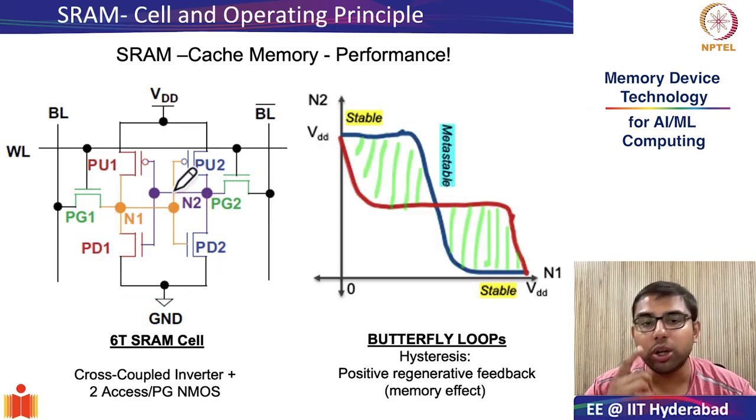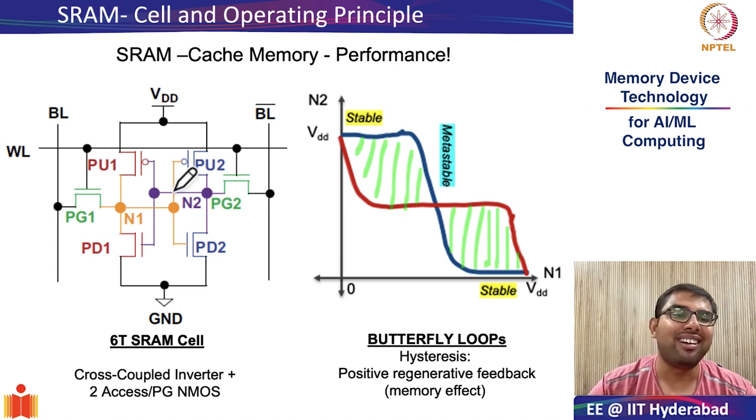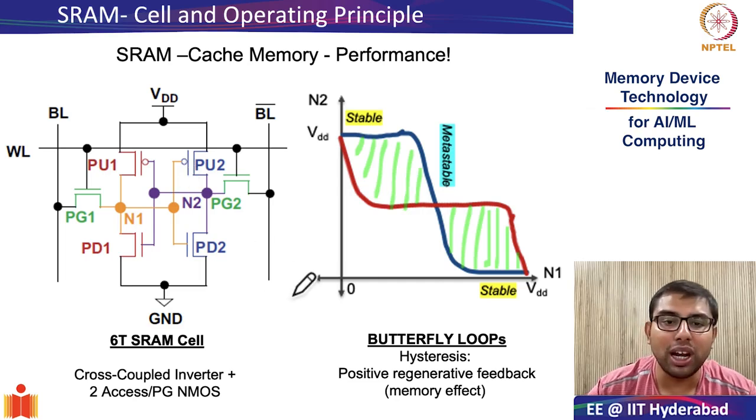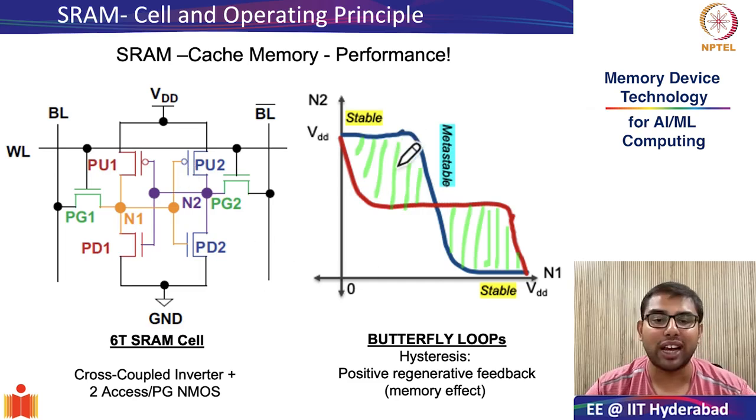Also, it was interesting to note why your cross-coupled inverter behaves like a memory element. We saw that this is only possible because of the so-called butterfly hysteresis loops. These butterfly hysteresis loops, through the concept of positive regenerative feedback, were able to negate any noise that comes into a stable storage node.